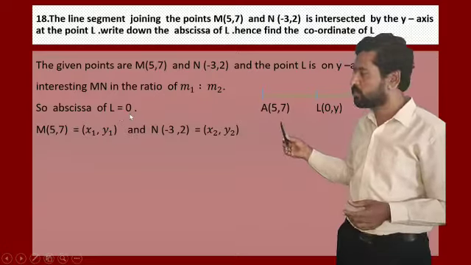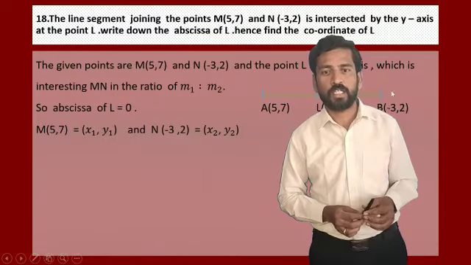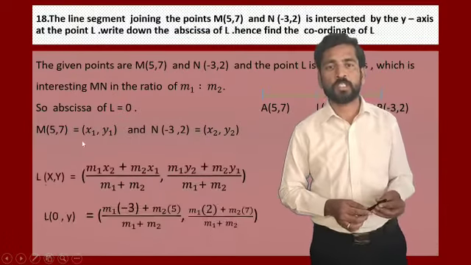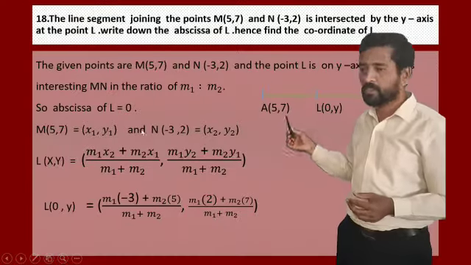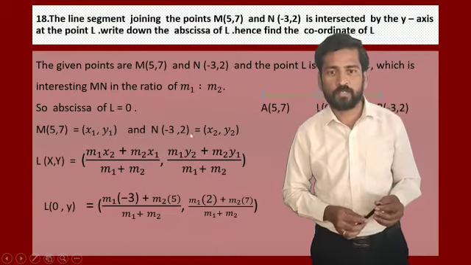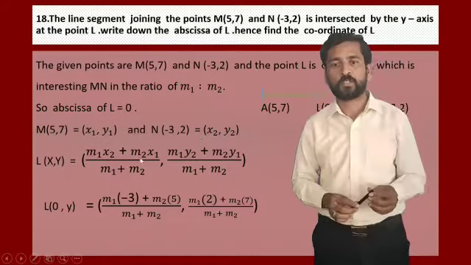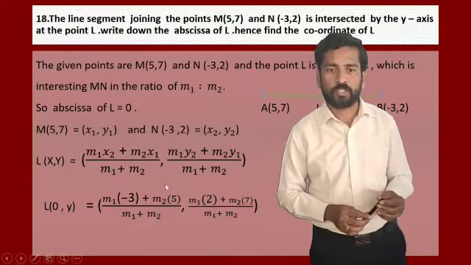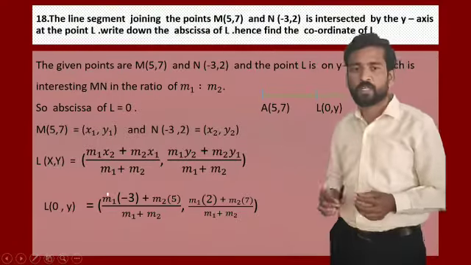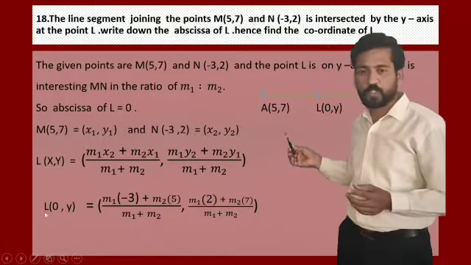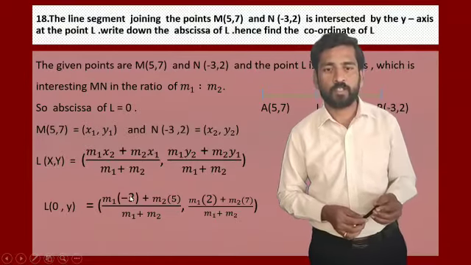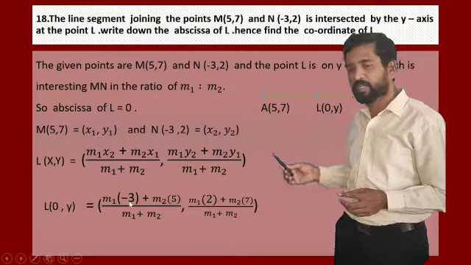So on the y-axis, the abscissa of L is 0, that is the x value is 0. And M point (5, 7) is taken as x1, y1, and N point (-3, 2) taken as x2, y2. And we have to find L of (x, y), by the section formula. L of (x, y) means (0, y), and here except m1 and m2, x1, y1, x2, y2 values are substituted.